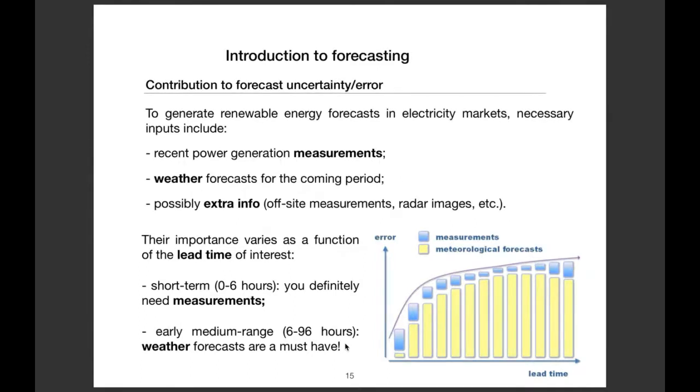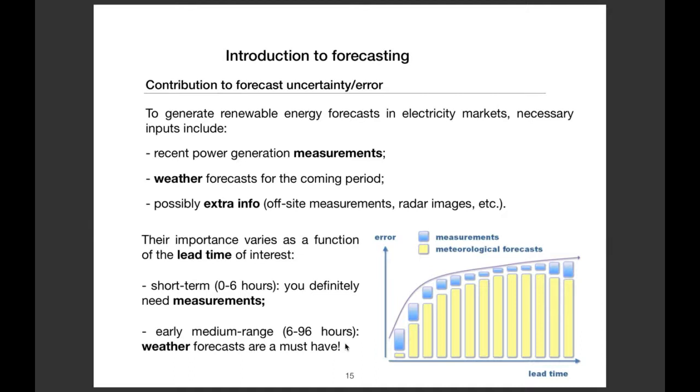The weather forecast is more like an average. It will tell you, for instance, about the solar irradiance, on average for the next hour, you will have this level of solar irradiance. But it will not tell you the amount of solar irradiance for each minute of the next hour. It's more like an average.